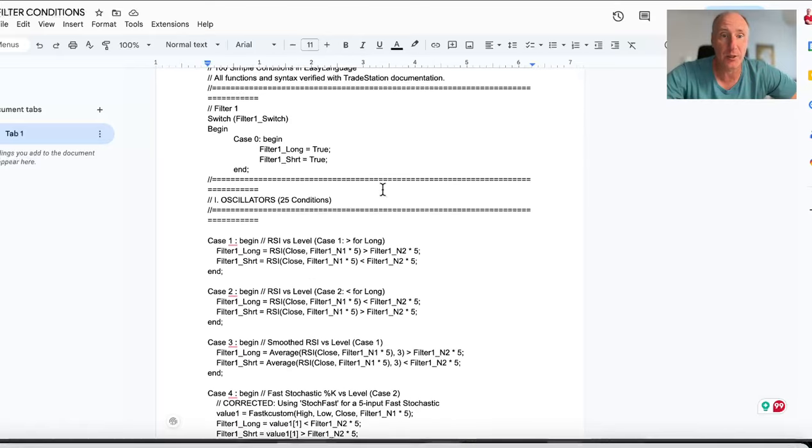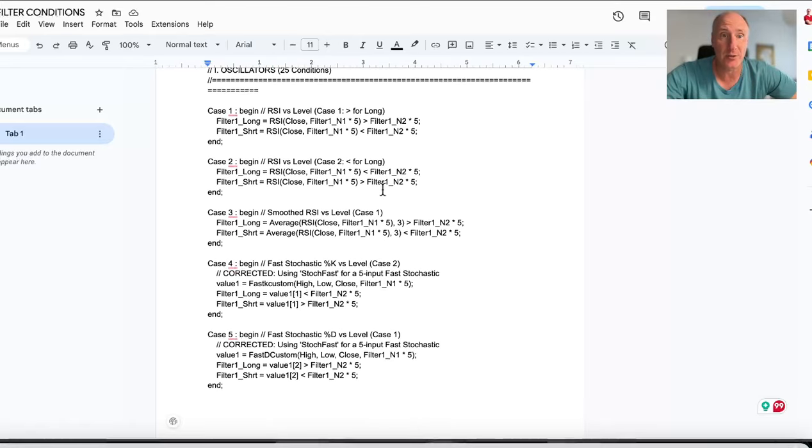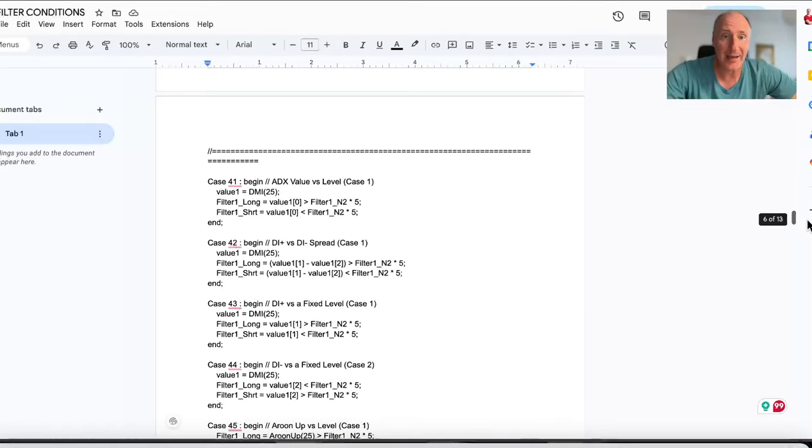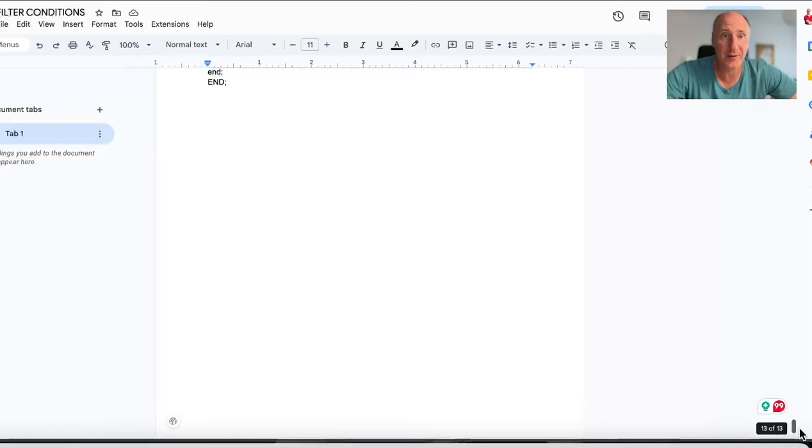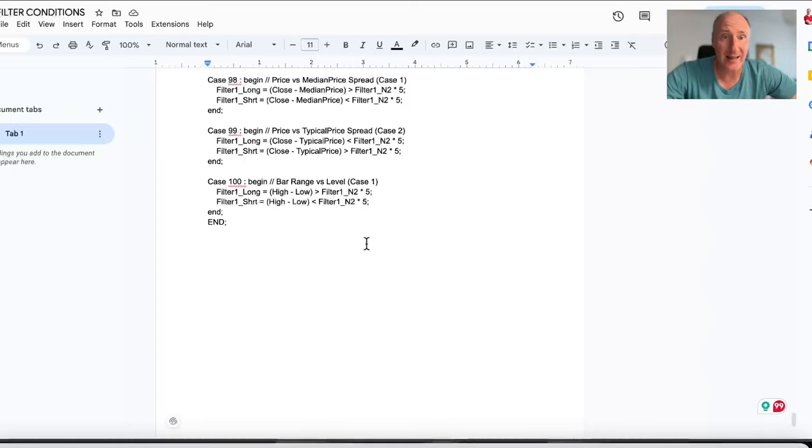This is actually what it looks like for TradeStation. Each condition is one case, and we have multiple filters, multiple indicators like RSI with input parameter filter 1 and 1, bigger or smaller, that's the threshold, filter 1 and 2 input. And simply I just asked Gemini to generate 100 different conditions like this.